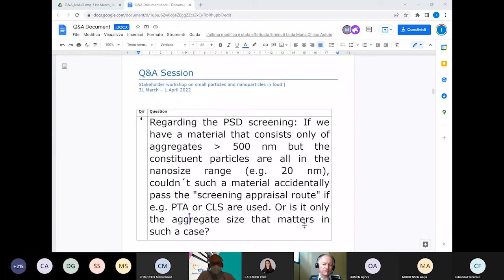So the user should first check whether the material in question directly falls within the scope of the guidance and risk assessment. And here in section 1.3, the last point, E, it is a nanostructured material, and therefore there is no need to apply the technical recommendations as discussed yesterday, because the material would directly fall within the scope of the guidance and risk assessment.